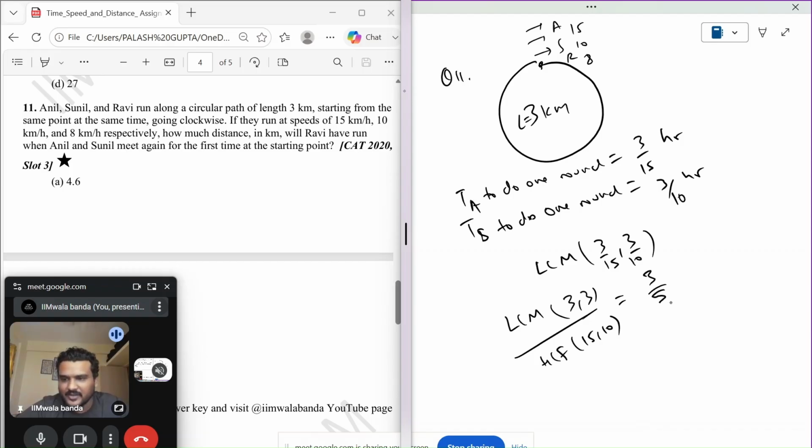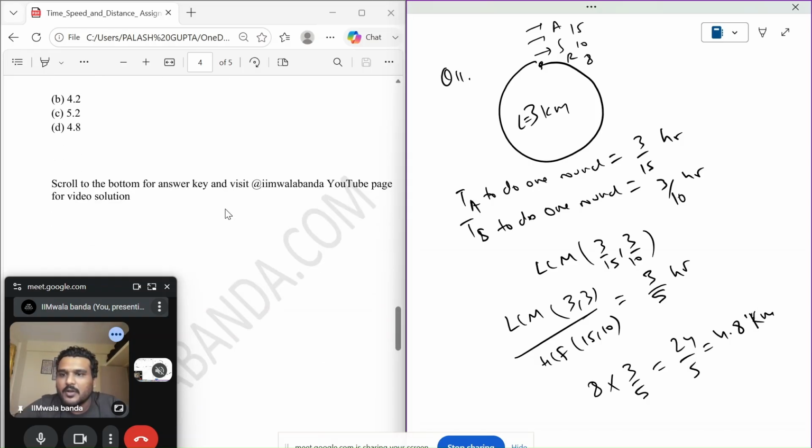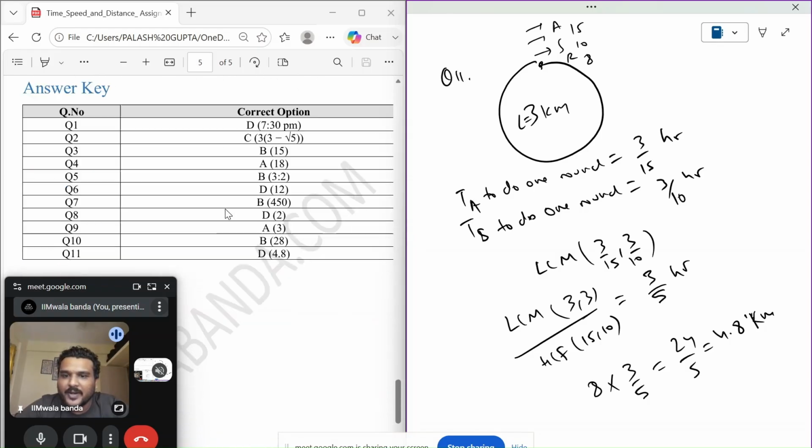So 3 by 5 is the time that is being taken by A and S to meet, and we need to find out how much Ravi would have run in this much time. So Ravi's speed is 8 kilometer per hour, and in 3 by 5 hours, he would have run 8, 16, 24 by 5 or 4.8 kilometers he would have run. So answer should be D.